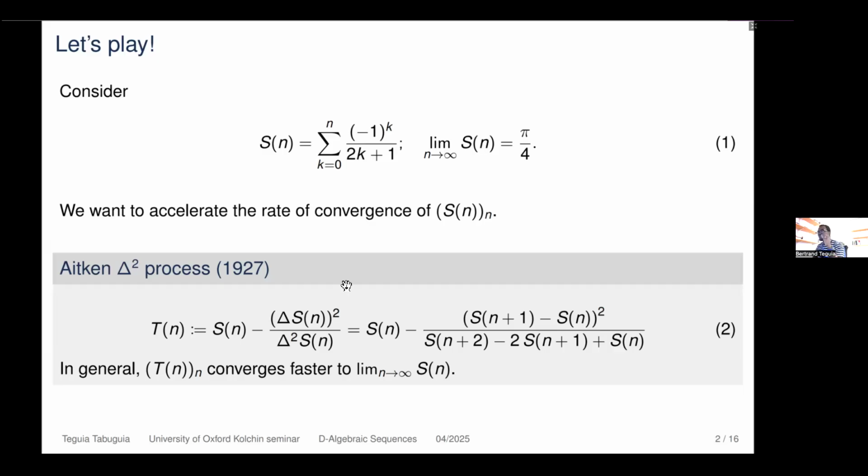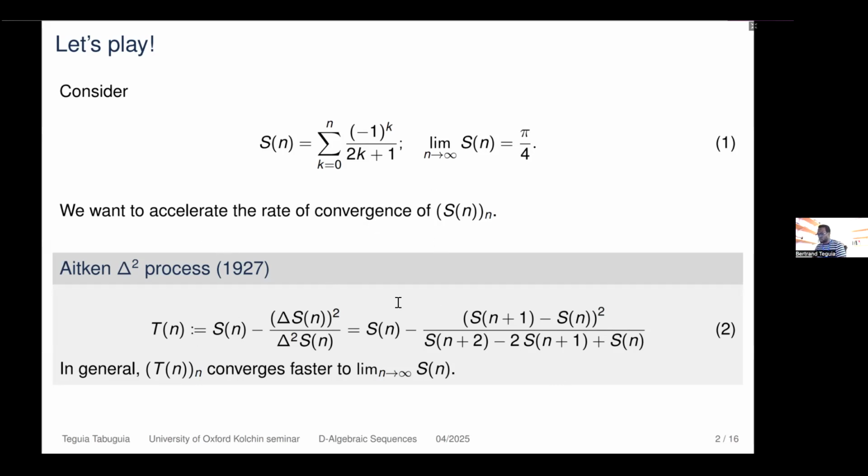The delta square process associates a sequence of terms Tn, where Tn is obtained by this nonlinear rational expression, as you can see in Formula 2. It is known that in general, Tn will converge faster to the limit of the original sequence. So now, let's have a closer look at the sequence Sn.